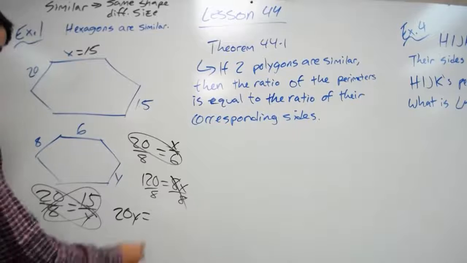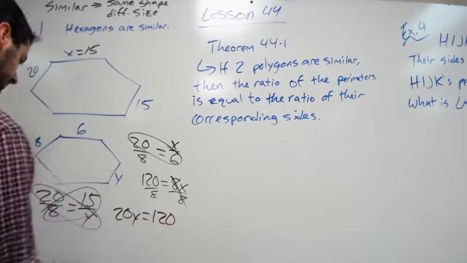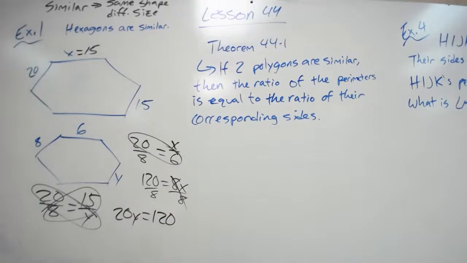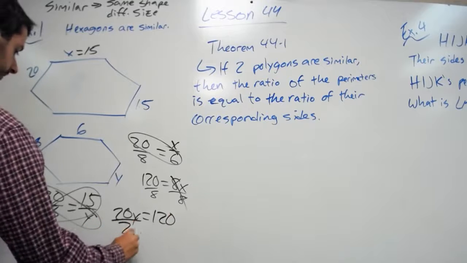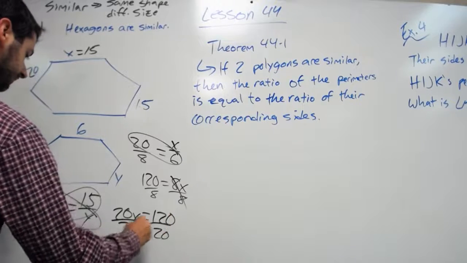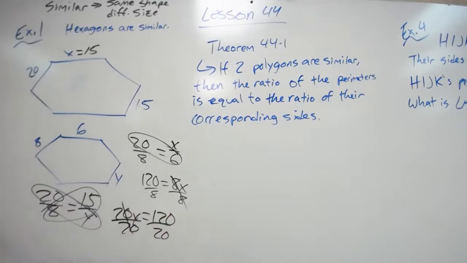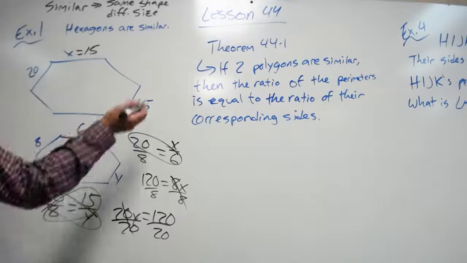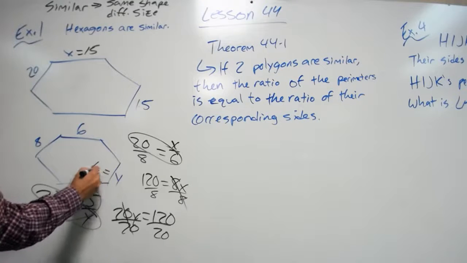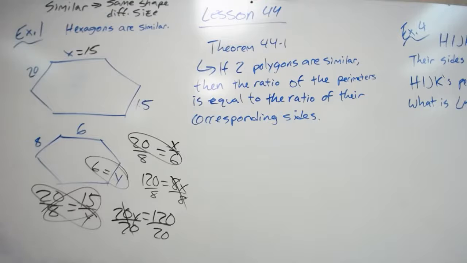We just did that, 120. Then you divide by 20. Y would equal 6. I'll just write it here. Y equals 6. But that's applying similarity, and that can be used for any type of polygon.